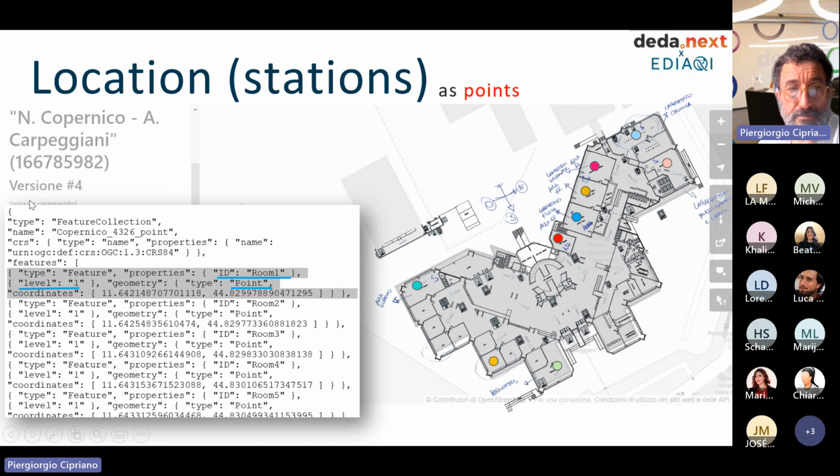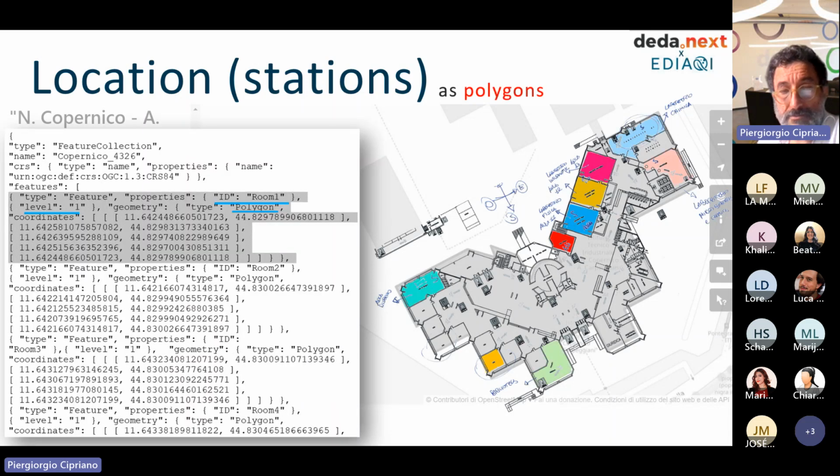And also the floor, the level 1, level 0, level -1, and so on. The geographical properties of the stations could be either represented as points or as polygons. So I think that it is up to each specific pilot to decide whether to consider the geographical representation as simple points or as more complex polygons.